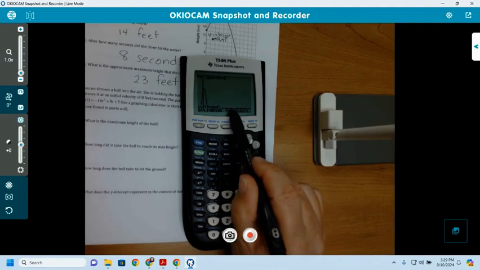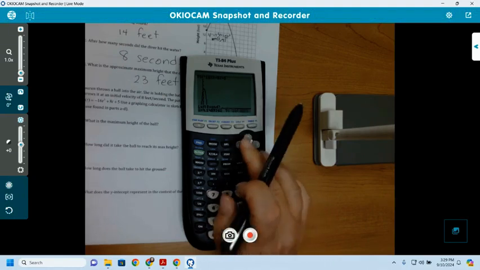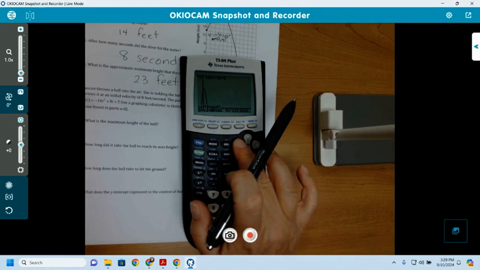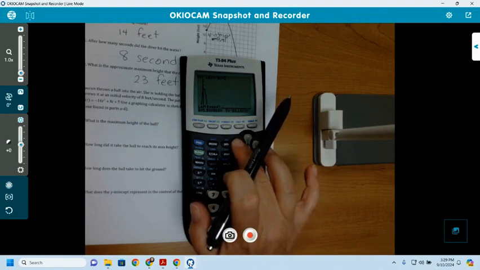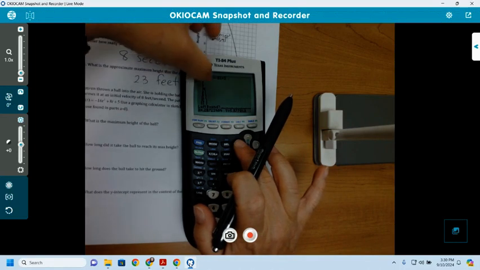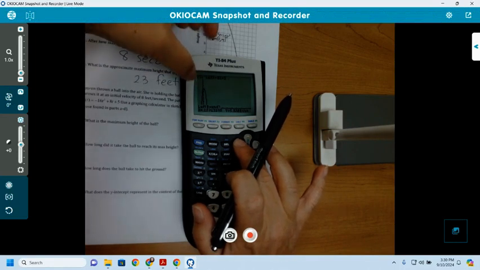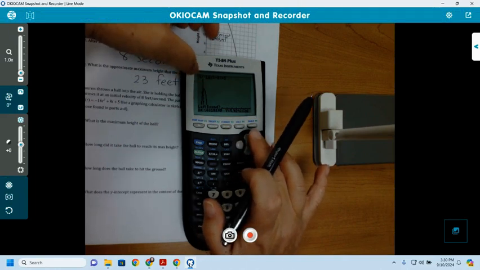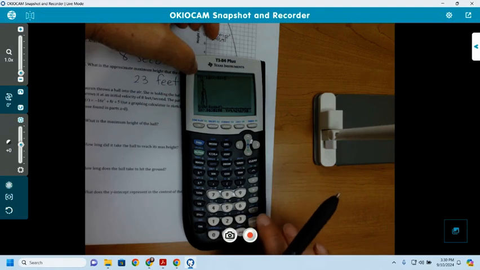Oh, see, my y value right now is really low. I have to bring that y value back up. There it is. Okay, we want to bring that point just a little bit to the left of the maximum point. So let's hit enter.